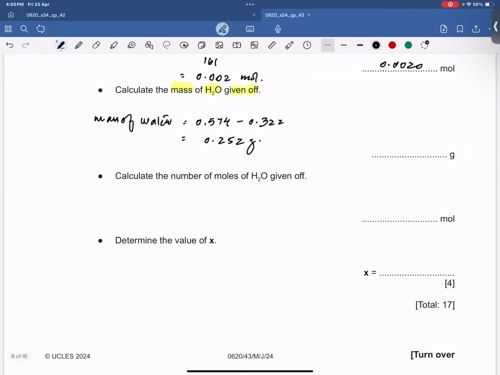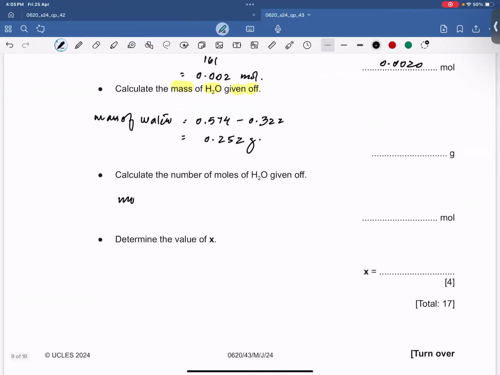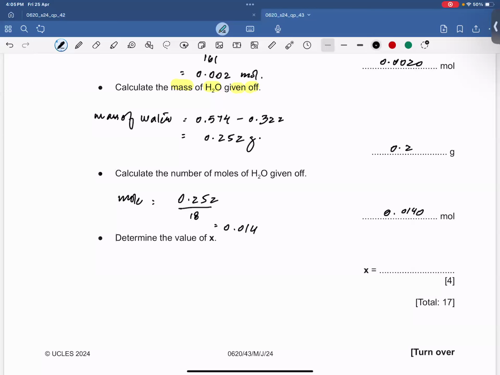To calculate the moles of water, I simply divide 0.252 by 18, so I get moles of 0.014.